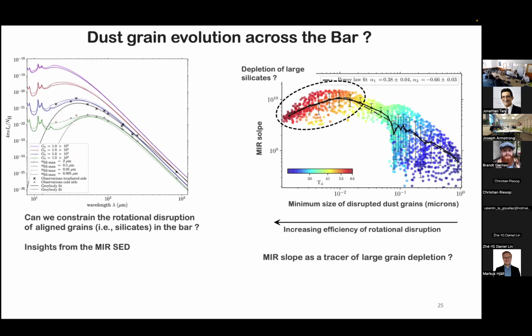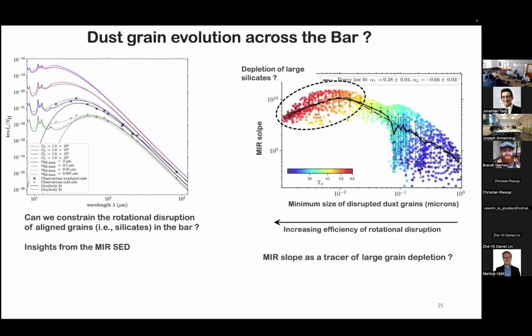So we computed the mid-infrared slope versus the minimum size of disrupted dust grains in the bar. And we indeed see this little correlation here for a very hot region, indicative of a depletion of large silicates.